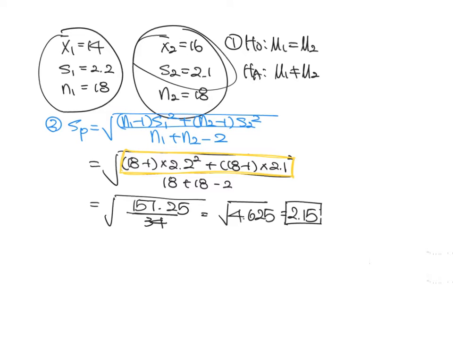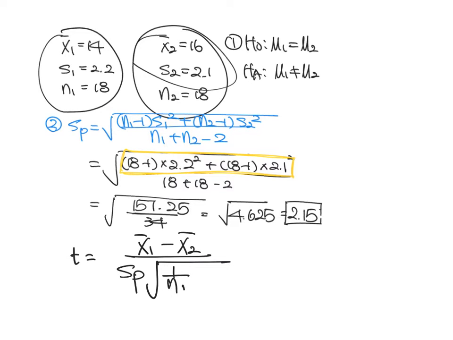It is not a test statistic. Now we have to take the t-score, the test statistic, which is the sample mean difference over SP times the square root of 1 over N1 plus 1 over N2. So take the difference between the two sample means: 14 minus 16 is negative 2.